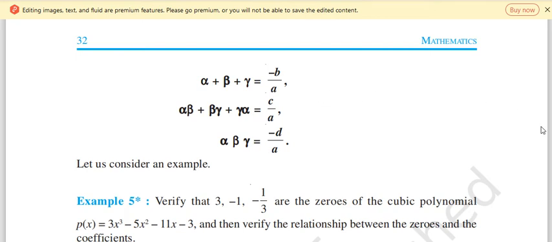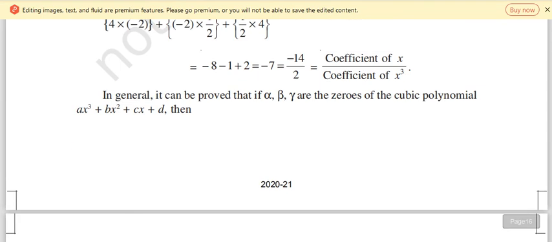The standard cubic polynomial is ax cube plus bx square plus cx plus d, where a is not equal to 0, and alpha, beta, gamma are the zeros of the cubic polynomial.